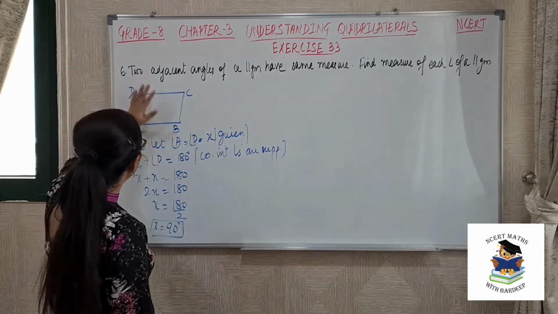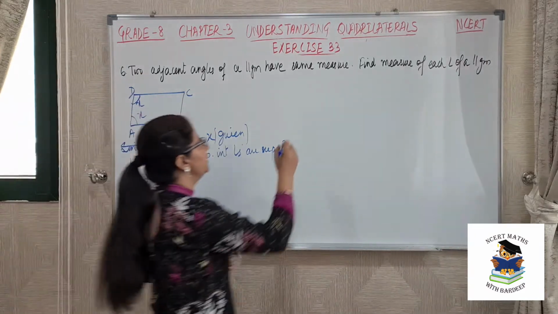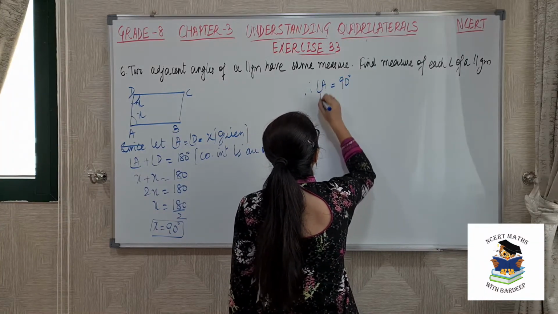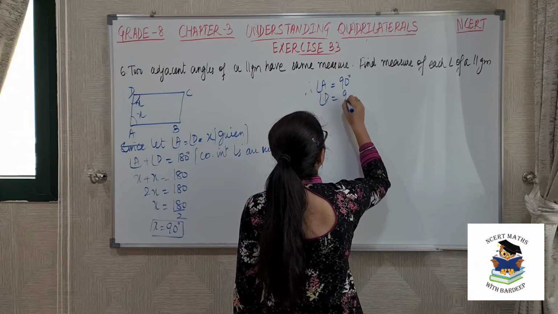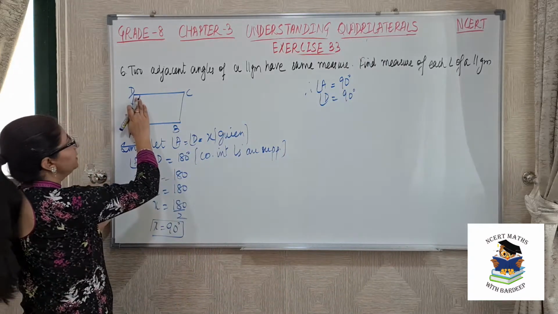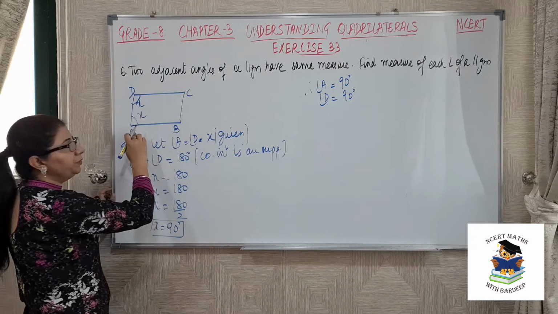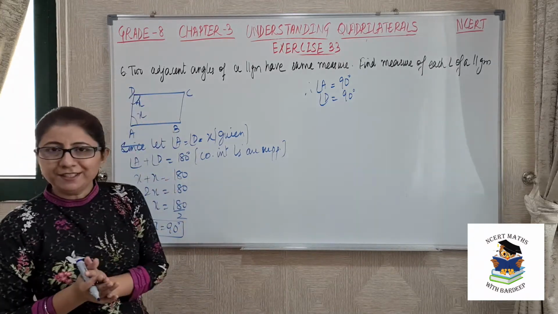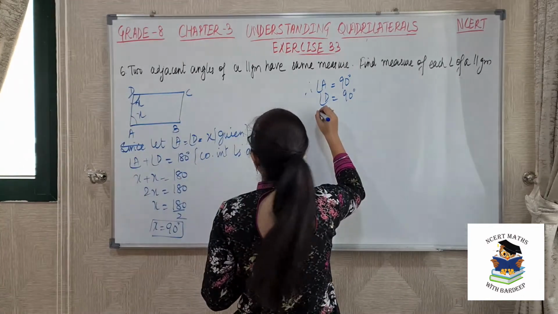So we have x as 90. Therefore angle A is 90. Since D is also the same, D is also 90. C is equal to A, 90 degrees. B is also equal to D, 90 degrees, because opposite angles are equal.